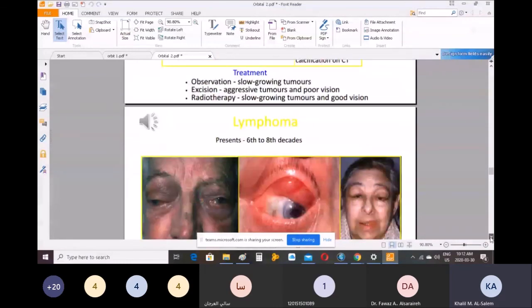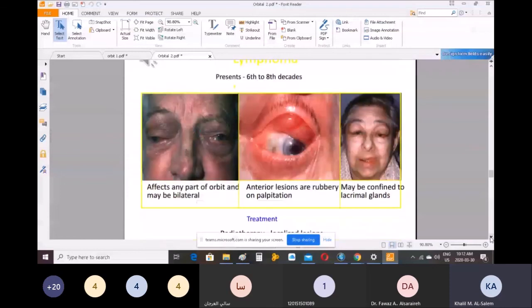Lymphomas. This is a tumor of the elderly, usually the 6th to the 8th decade. As you can see, this is a beef-like fleshy area, beefy red, like veal. It's also called a salmon patch.